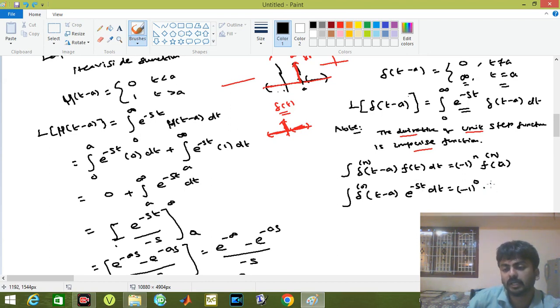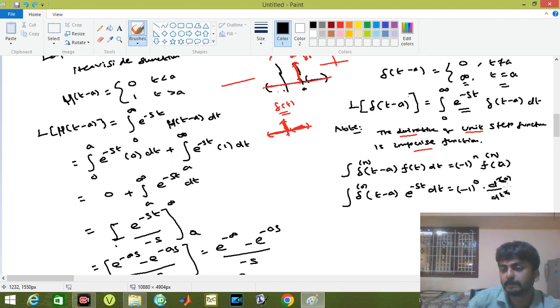I shall write it as d power 0 divided by dt power 0. So it is not a derivative. If it is first order derivative, I will write d by dt. If it is second order derivative, I will write d square by dt square. Since it is zeroth order derivative, I am writing it as d power 0 by dt power 0, though there is no such writing style.